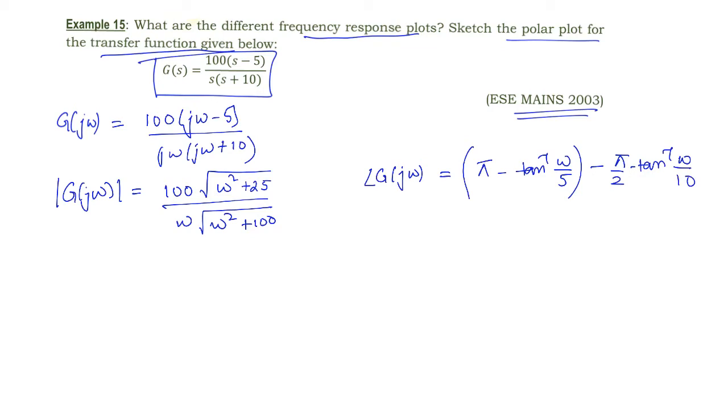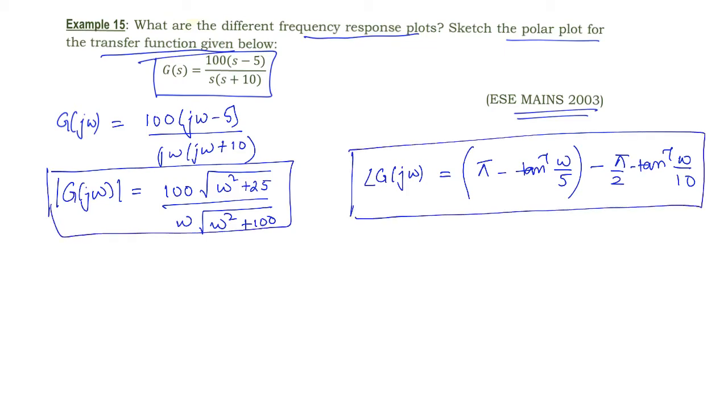So, first we have found the magnitude and also the phase. The expressions for magnitude and phase we have found. Next step is to find the magnitude and phase at omega equal to 0 and at omega equal to infinity. At omega equal to 0, mod g of j omega is equal to infinity, because you have a 1 by omega term here.